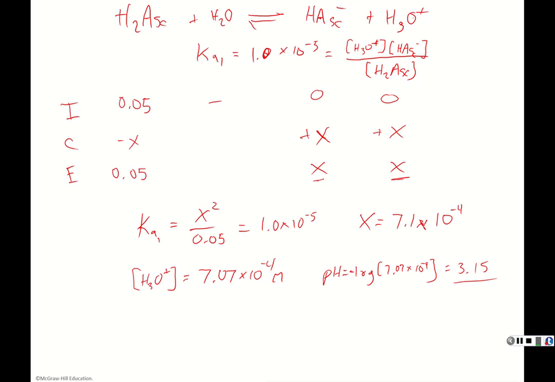X is also going to be the concentration at equilibrium, at least of this first step, of that HASC minus. And that's what we're going to use for our starting concentration in our next equilibrium step.